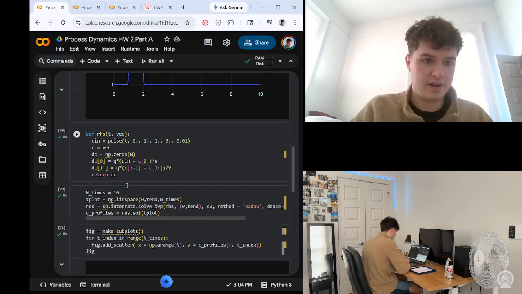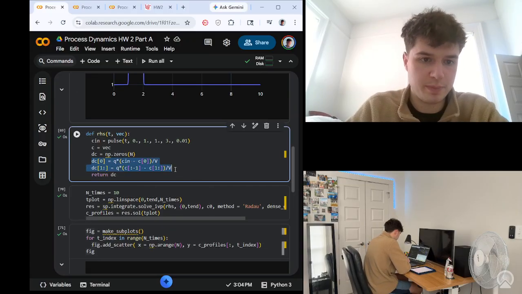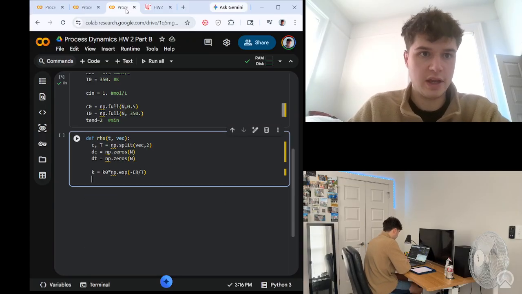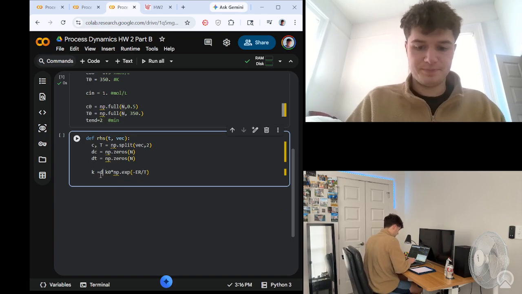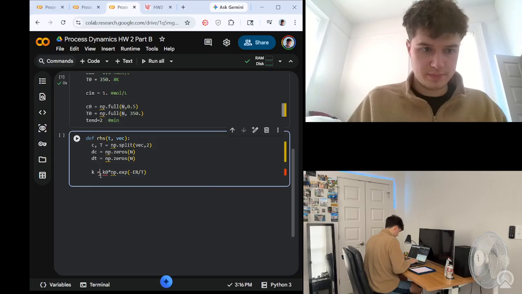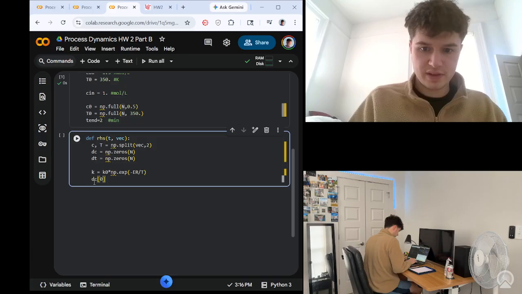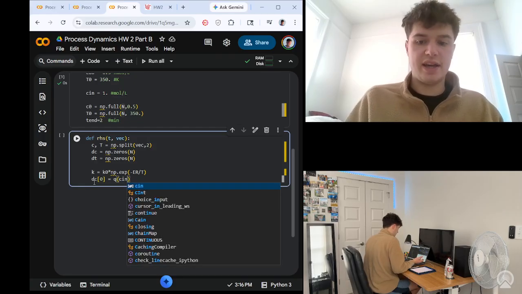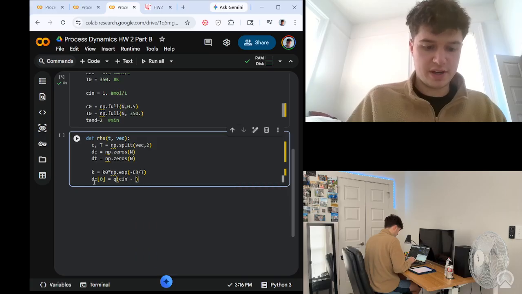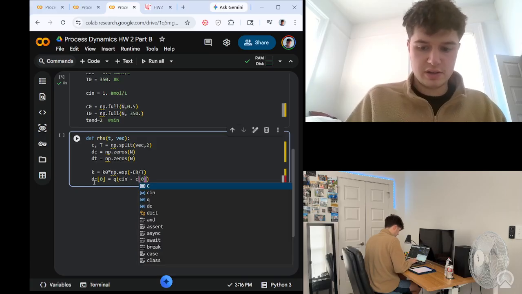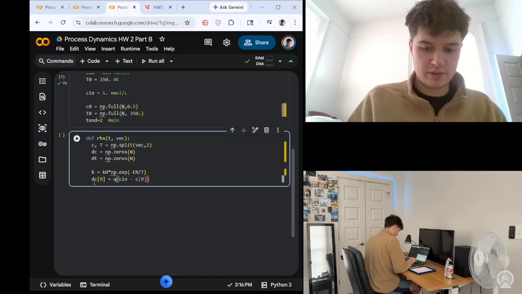Maybe I don't. Oh yeah, I do. Here we go. Remember this part where we put our derivatives with 0 and 1. Same concept here. So we will do dC0 is equal to Q, Cin minus our C0 that we just defined.